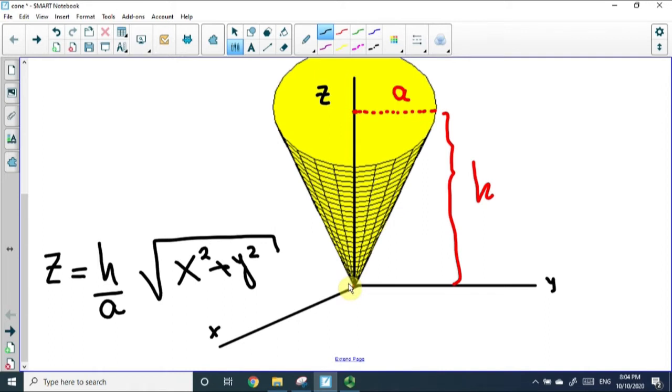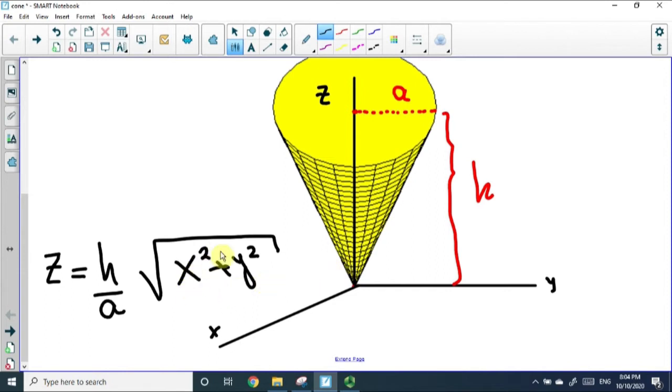Now, as z increases, and let's say we fix z, so when z is constant, we will get the equation of a circle. When you cut the cone horizontally, you get cross-sectional areas of discs. So it's a circle shape.